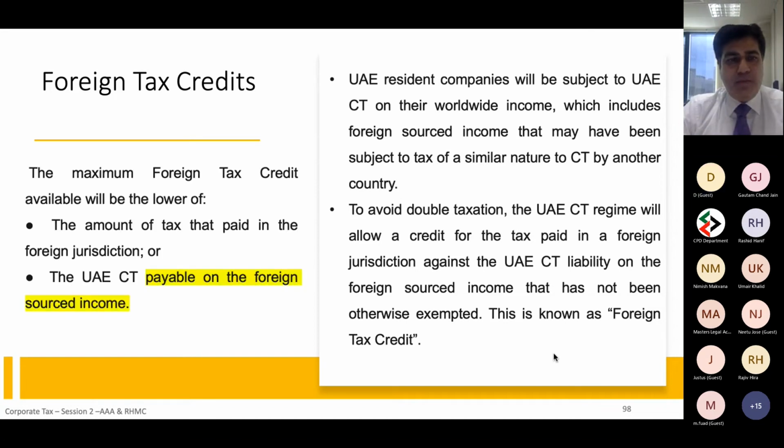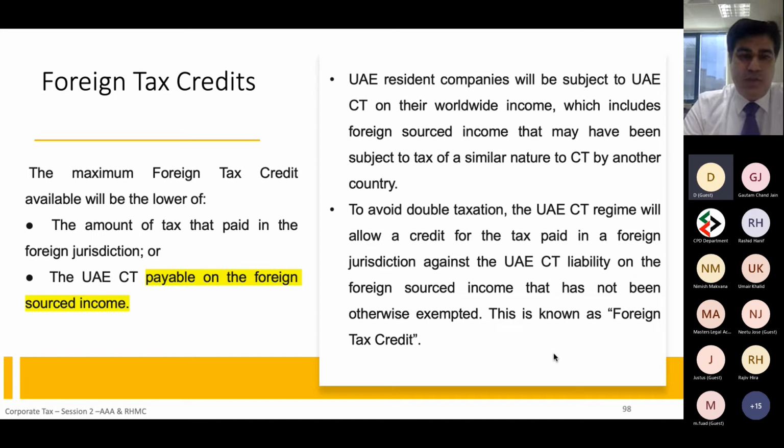So the maximum foreign tax credit available will be the lower of the amount of tax that is paid in the foreign jurisdiction or the UAE corporate tax payable on foreign source income. So it's important to have separate financials. The calculation has to be very clear on how foreign income is sourced and what the corporate tax is, and you have to use the same principle of inclusion and exclusion of expenses in the foreign sourced income so that clear articulation can be brought up.